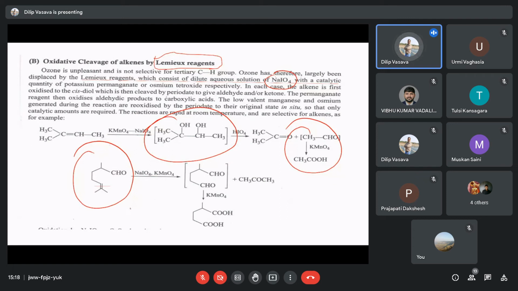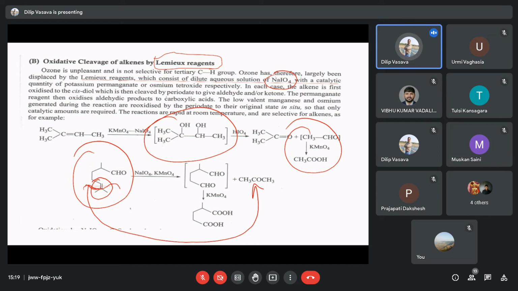I forgot the name of it. But in this case, if you just look at that, this is the terminal alkene. Okay, not terminal, but it is disubstituted. So when oxidation is taking place of this, it is identified by formation of the ketone, particularly here acetone.